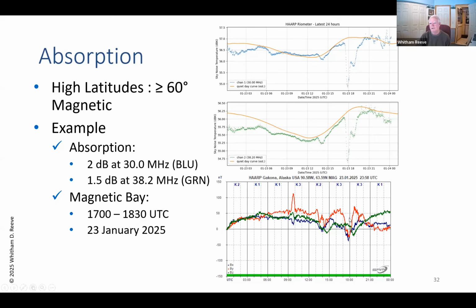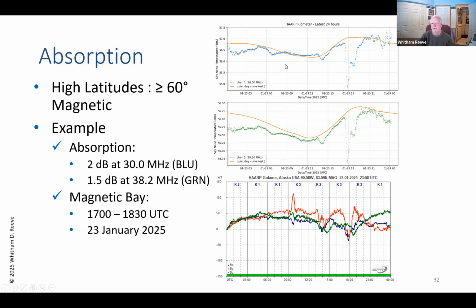Now, the time correlation is almost perfect on these, and there are some other characteristics of this dip in the absorption, and I'll talk a little bit about that later. Now, one thing you should notice is that the grid on these plots is fairly narrow.